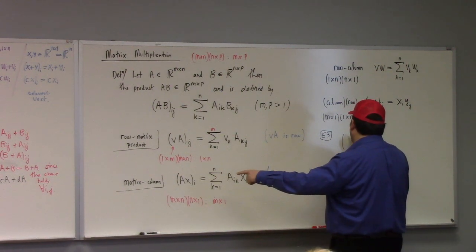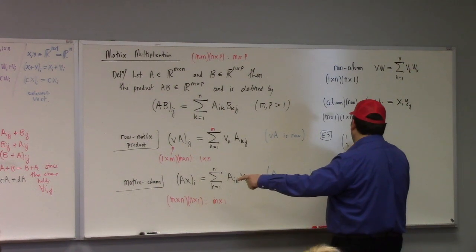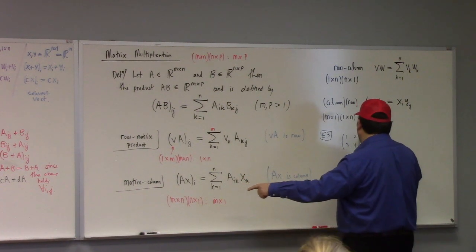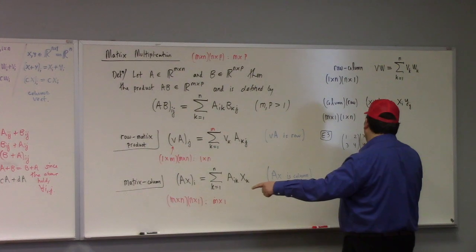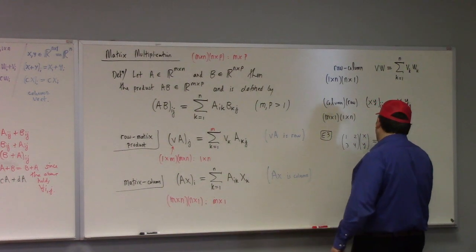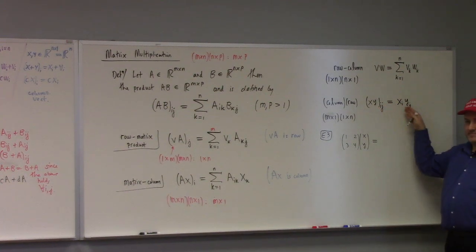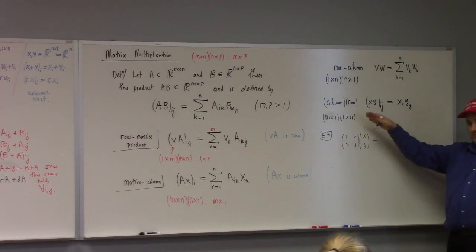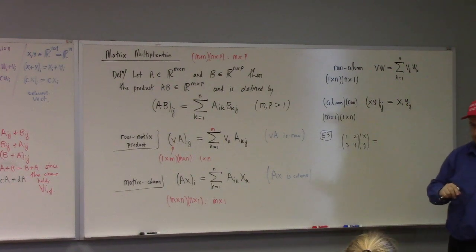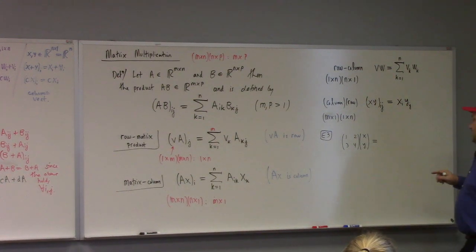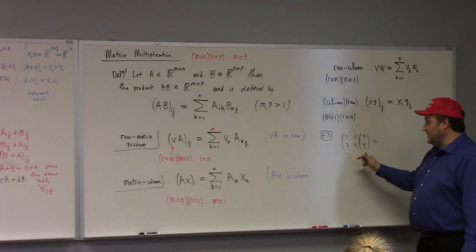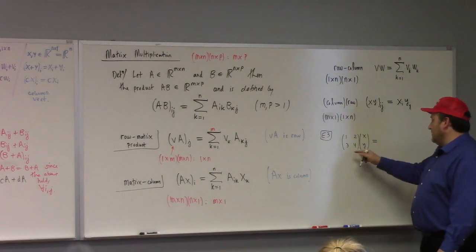So, if I have the matrix 1, 2, 3, 4, and I multiply it by the vector (x, y), no connection to the x y up here, this is a totally separate use of x y. Anyway, here x and y are scalars. So I've got a 2 by 2 times a 2 by 1.